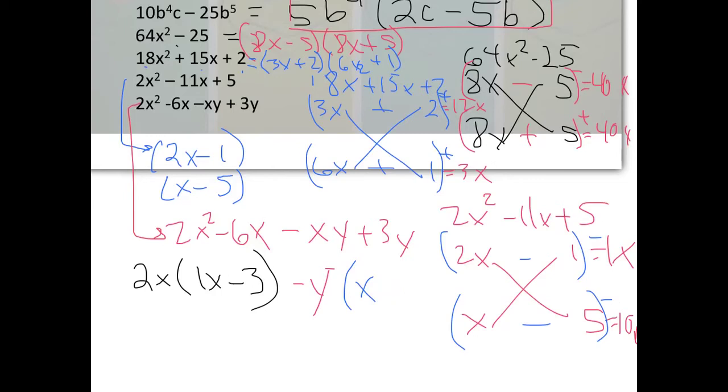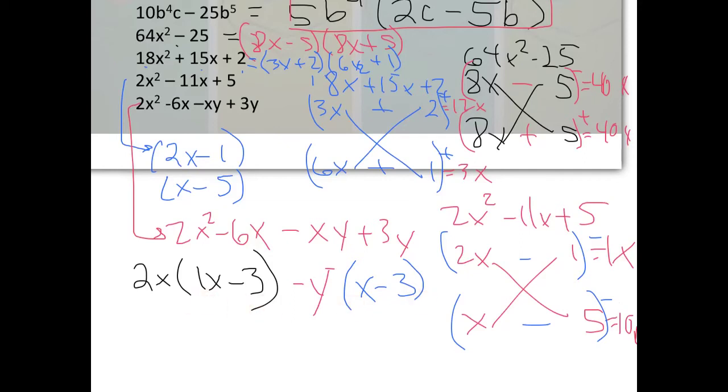Keep in mind that we do have a negative right here. So negative went here, but when we divide negative 3y by y, it's going to be negative 3. But you probably should have known that, because remember, we need these two to match. 1x, x minus 3, they're going to match. Because when these two match, we just kind of group them together.